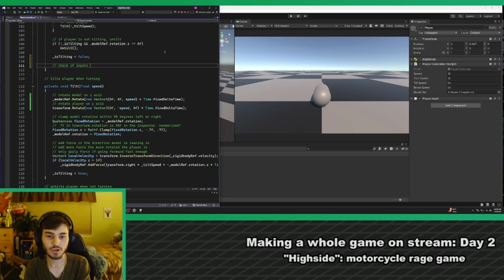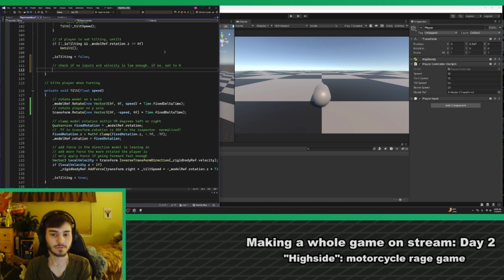If inputs are, if no, let's, and velocity is low enough. If so, 0.